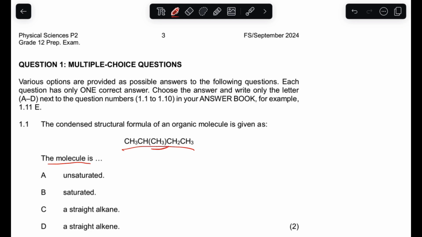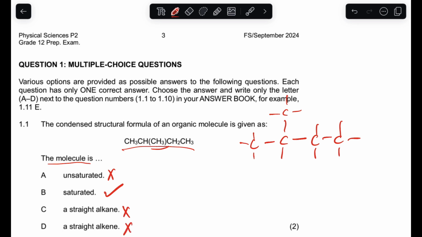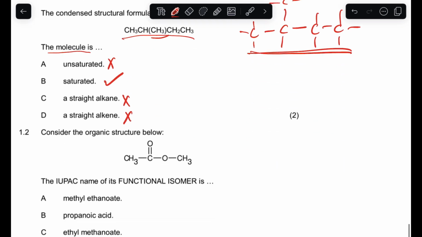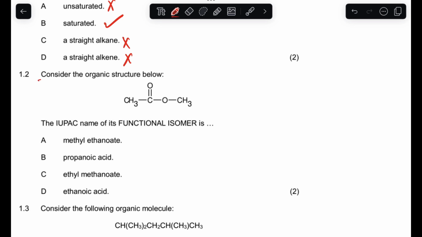It's just a branch structure, and then CH2 CH3. So it's not unsaturated. Yes, it is saturated. Is it a straight chain? No. Is it a straight alkene? No. This is not straight, and this is not alkene, right? So the answer here is A. Not A, sorry, B.